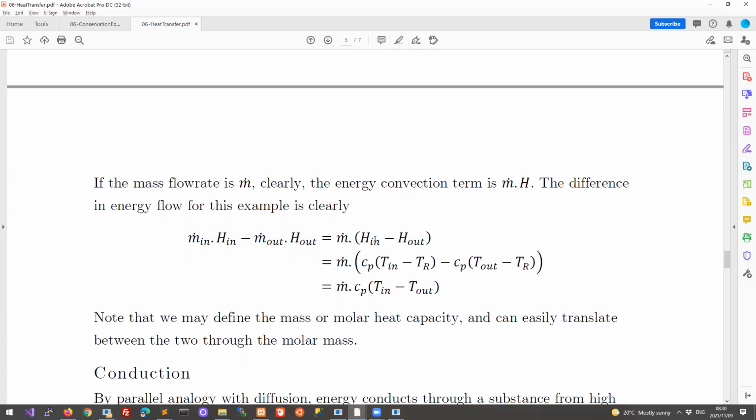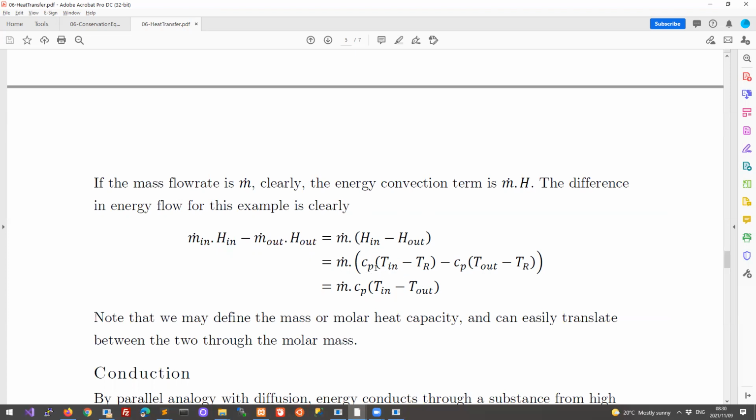And then we've already said our enthalpy, we can always express as Cp (T minus T reference). In this case, this is enthalpy based on inlet conditions. So this must be based on the inlet temperature. And similarly, the enthalpy based on the outlet conditions, that has the outlet temperature. And by the way, there is a small approximation here.